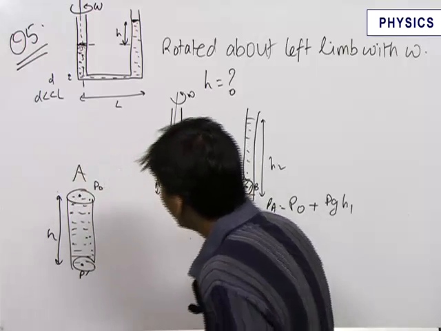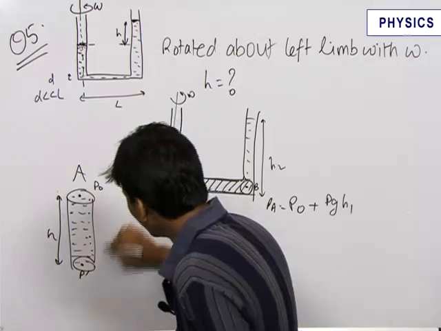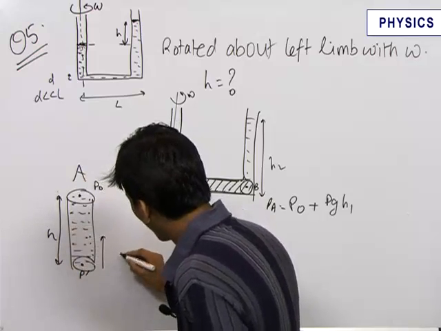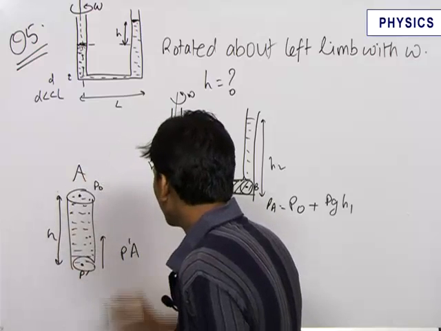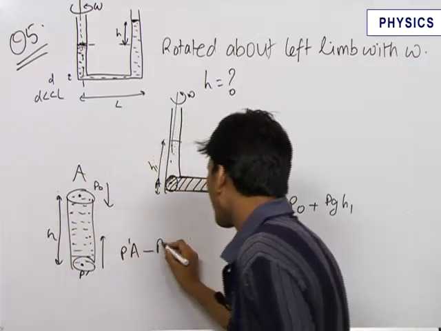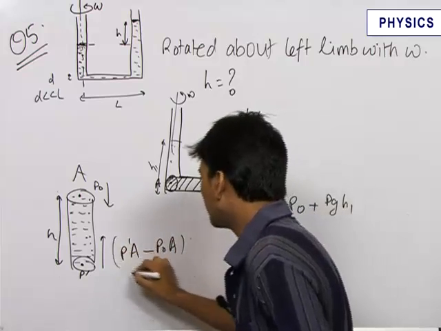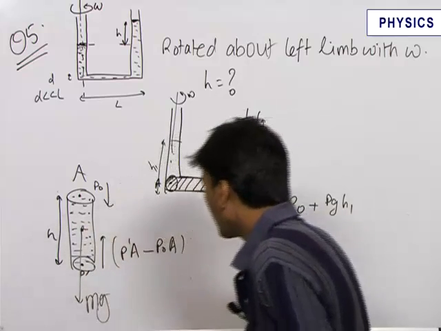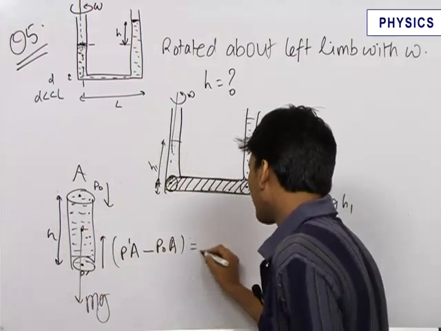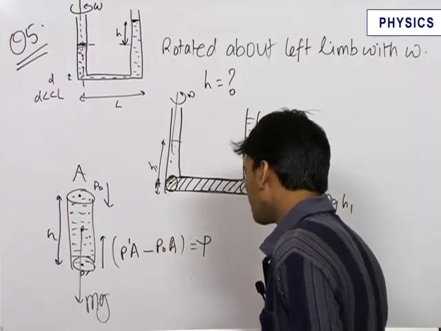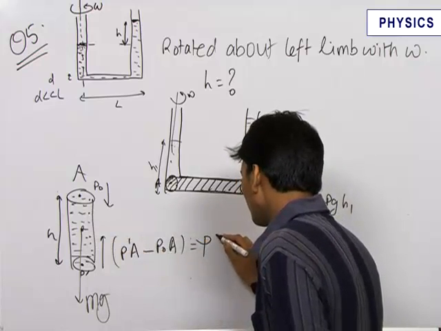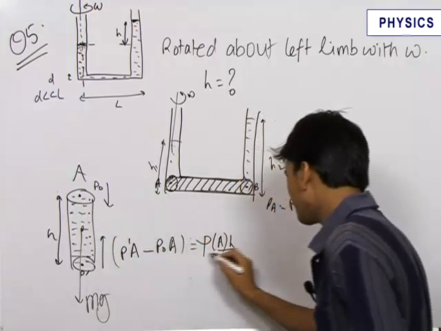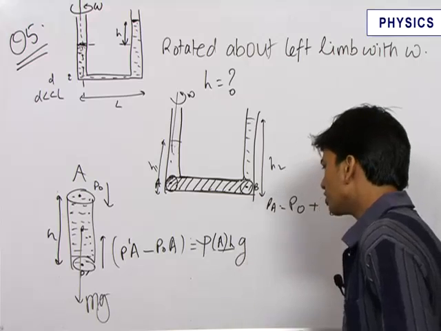Let the area of cross section be A. Therefore, the pressure on the lower surface of this cylinder of water is equal to P dash into A. From the upper surface it is minus P naught into A. So the net force is upwards, and this is balanced by the mg of this water body, that can be written as density of the liquid into A into H, this is a volume, density into volume is mass, into g.